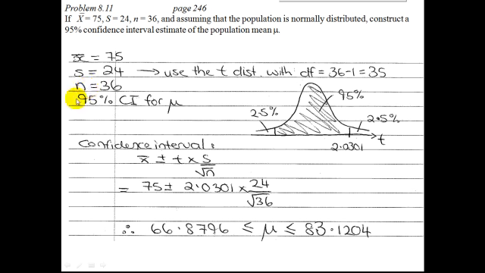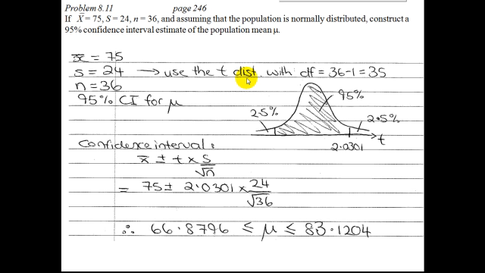Now, the fact that we don't have sigma and we only have S tells us straight away that we're going to be using the t distribution for this confidence interval. So it's still going to be the same types of steps that we went through in problem 8.8. The main thing to realize is that this is an example where sigma is unknown, and therefore we're going to use the t distribution.